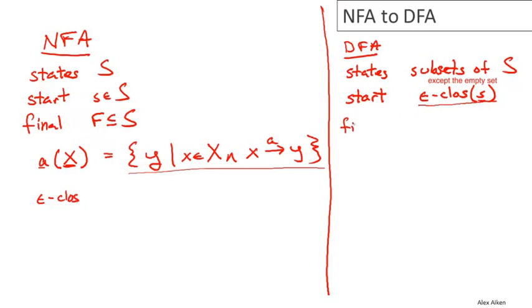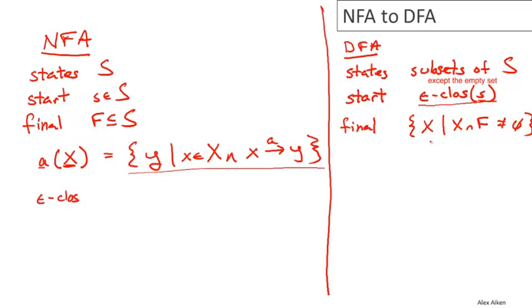Now, what are the set of final states? Well, the set of final states will consist of those states X, and remember the states of the DFA are sets of states of the NFA, so X is a set, and it's going to be every X such that X intersected with the set of final states of the NFA is not empty. So any state of the DFA that has at least one final state of the NFA in it is good enough as a final state for the DFA.